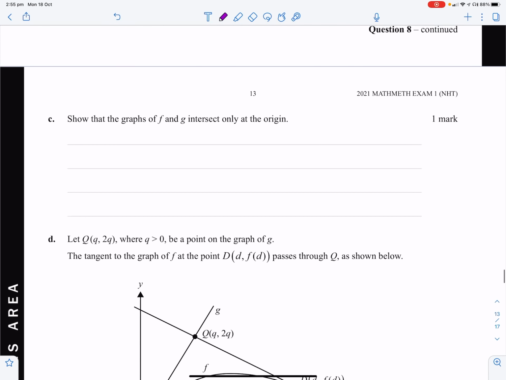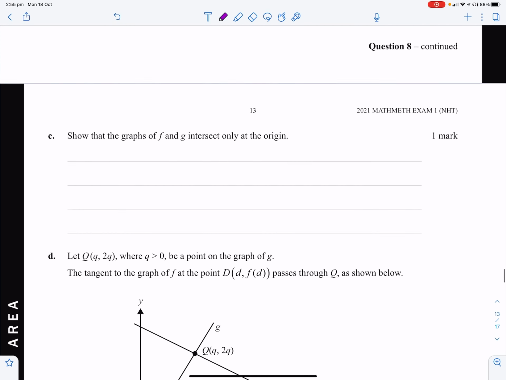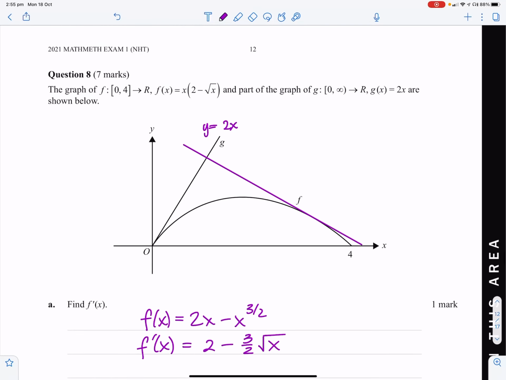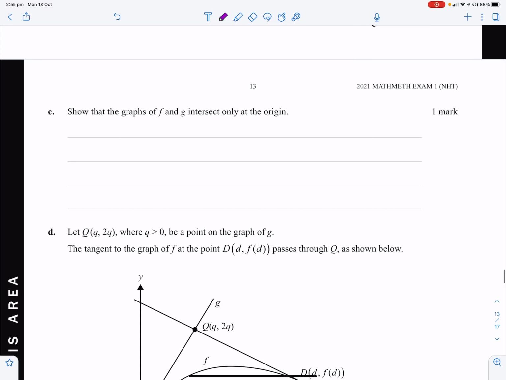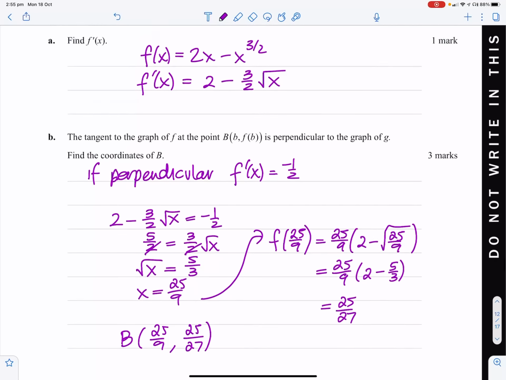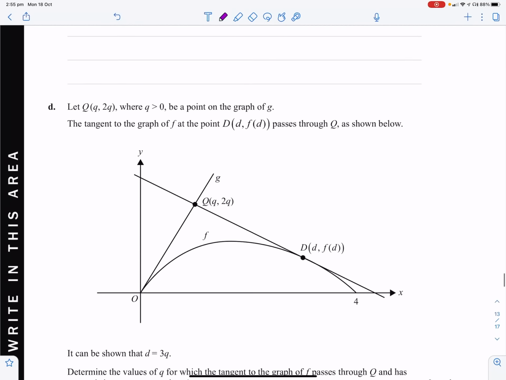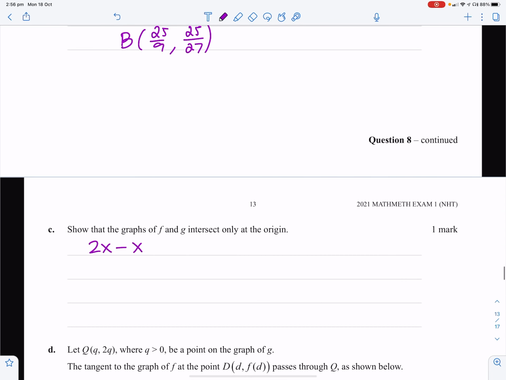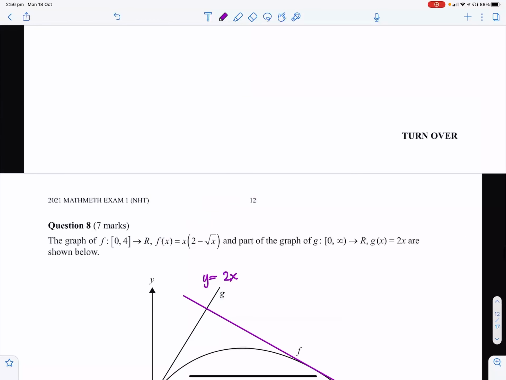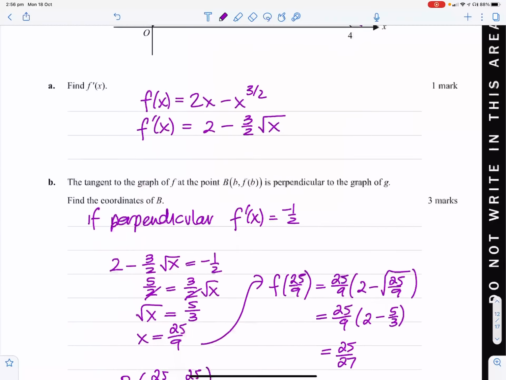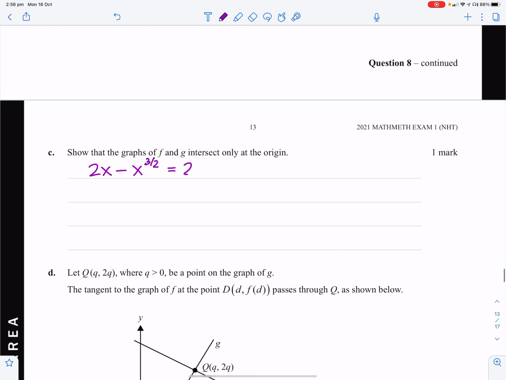Okay, show the graphs of f and g only intersect at the origin. All right, so 2x minus x to the 3 on 2 is equal to 2x. Therefore, negative x to the 3 on 2 equals 0, because the 2x's will cancel.